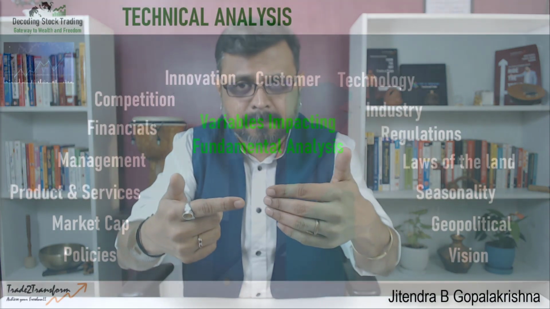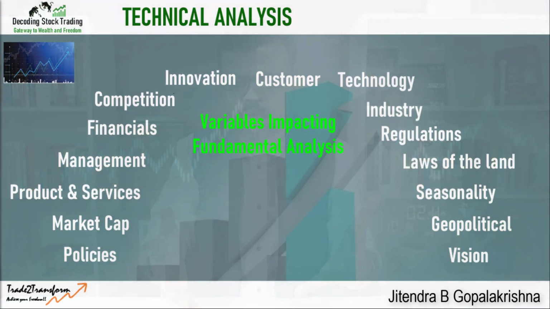Awesome. So now we understood that fundamental analysis is where you study all the variables which impact a company, right? And we spoke about a few of those variables. Now let me ask you this question, and I want you to think through this. When all of these variables change, if they go up or down, say for example, if financials are good, that's a variable.